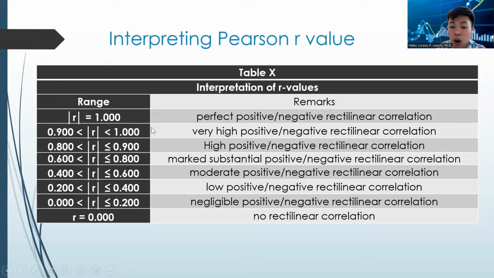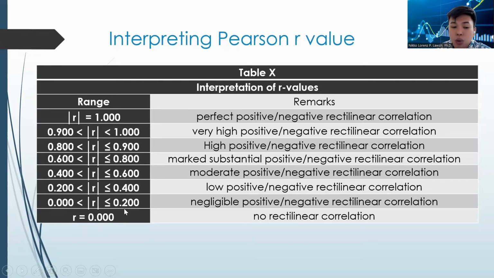From 0.9 to 1, that is very high, positive or negative. So it could be negative 0.9 or negative 1. Negative 0.8 to negative 0.9, or positive 0.8 to positive 0.9, that is high positive or negative. While 0.4 to 0.6 is moderate positive or negative. 0.2 to 0.4 is low positive or negative rectilinear correlation.